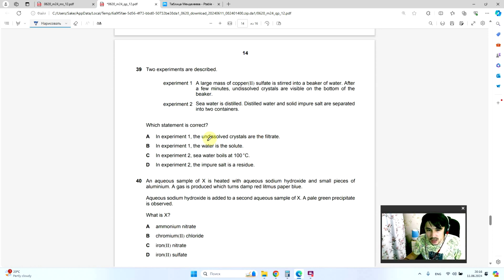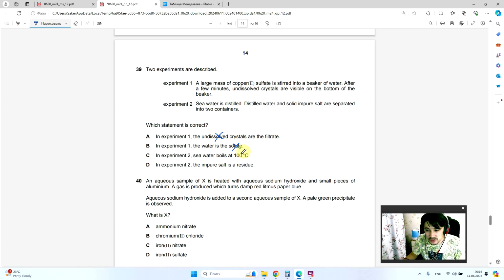Nope, this is not the correct answer. Undissolved crystals remain on the filter paper, and the filtrate contains copper sulfate, which is soluble, so we don't agree with that part. Experiment 1, the water is a solid. No, water is a solvent.